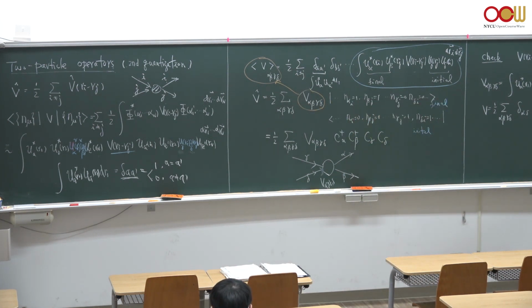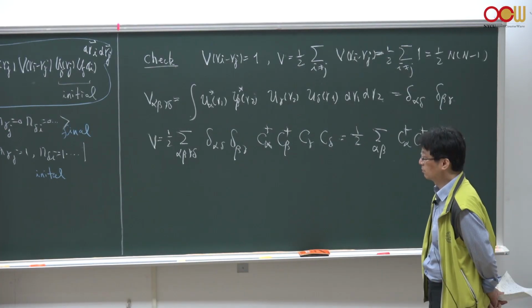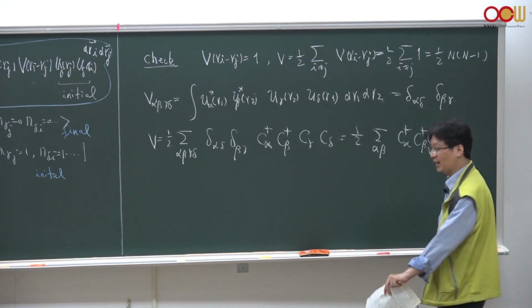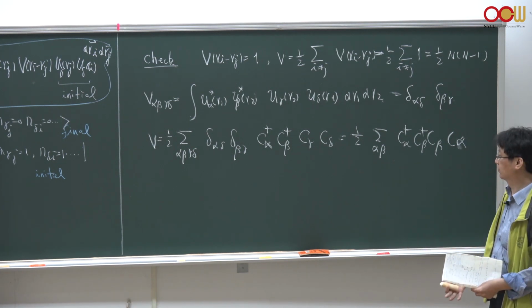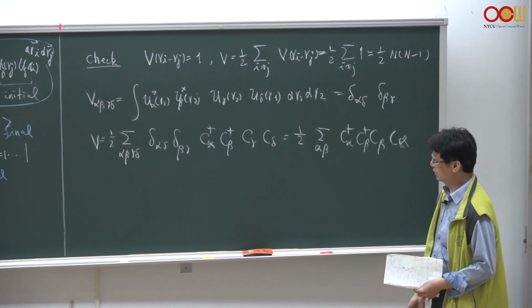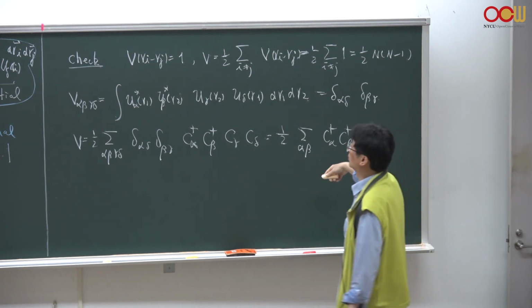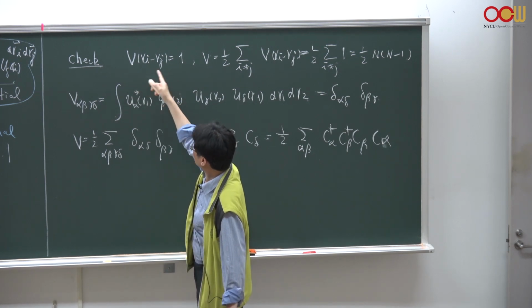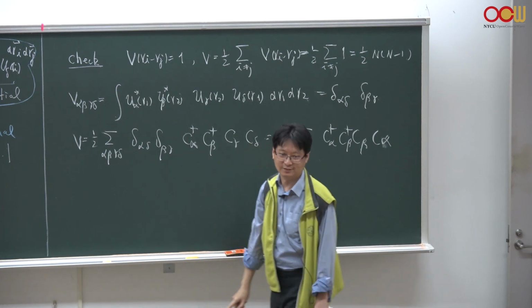So now let's do a very simple algebra to check this second quantized form of the two-particle interaction. This is kind of a trivial task, but when we use the anti-commutation rules for, say, electron operators, the calculation becomes non-trivial. Okay, so let's see if this potential V(r_i - r_j) is simply just a constant, number 1.